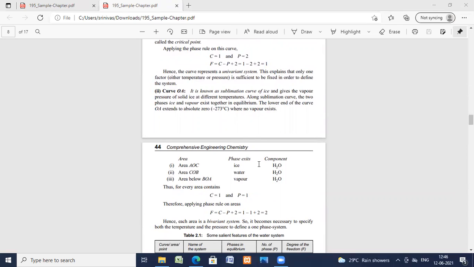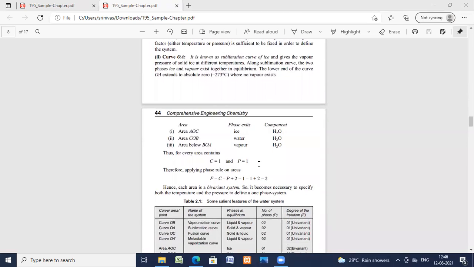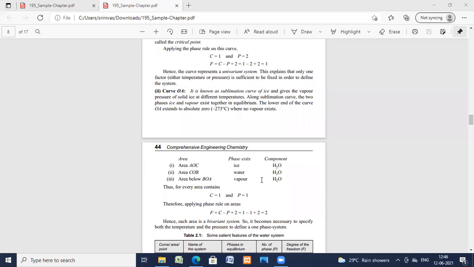These are the phases that exist. For every area, C is only one, H2O, and P is one, the phase is only one. So applying the phase rule, F is equal to C minus P plus 2, which is 1 minus 1 plus 2 equal to 2. For the areas, we get a bivariant system, and for the curves, we get a univariant system.